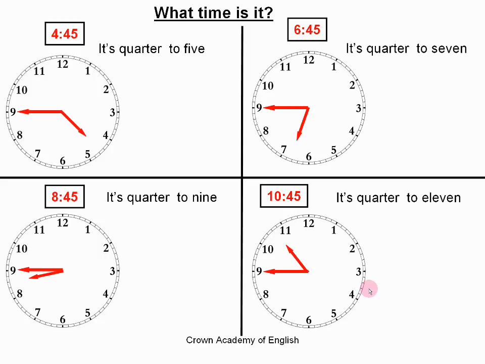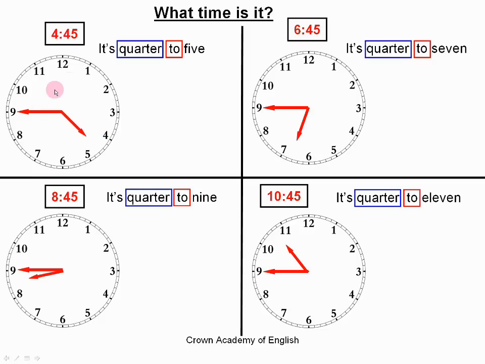Okay, so here, again, we have the word to, because it is 15 minutes before 5 o'clock. So we always use the word to for this part of the clock. And since it is 45 minutes after the hour, or 15 minutes before the hour, then we say quarter.